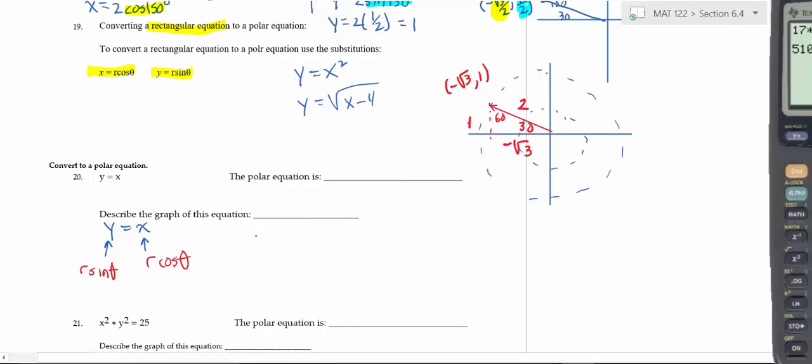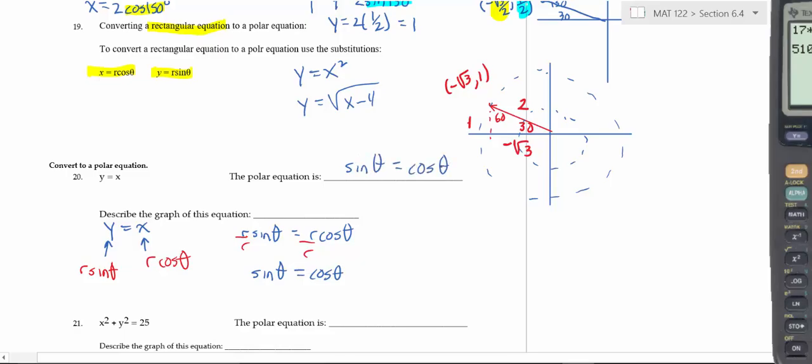So you would end up with r sine theta equals r cosine theta. Then you can divide those two r's out because they don't really have any bearing on how the graph's going to work out. So you would have sine theta equals cosine theta. Our polar equation is sine theta equals cosine theta.